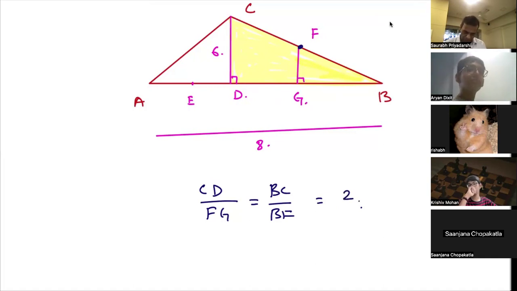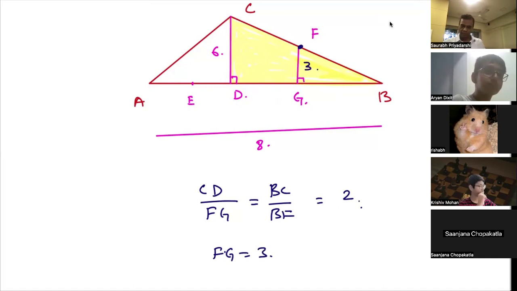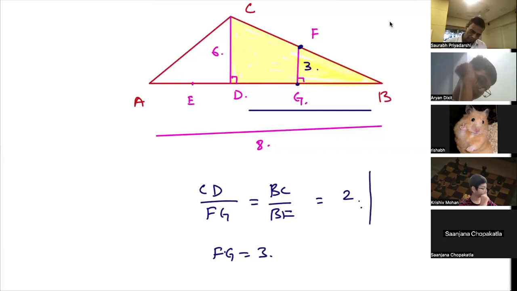And CD is 6, so FG is nothing but 3. This length is 3. Is this okay? By the midpoint theorem, what can you say about G in the triangle, G on BD? What is the ratio of BG upon BD?